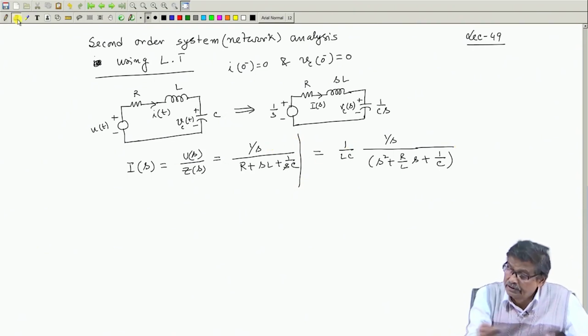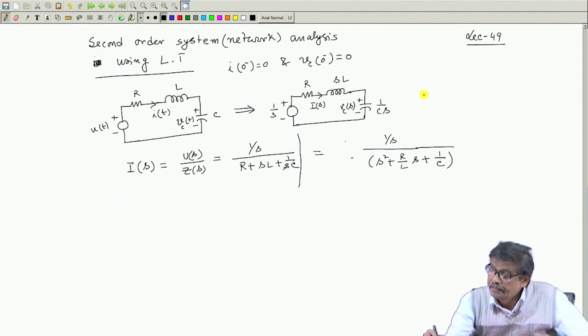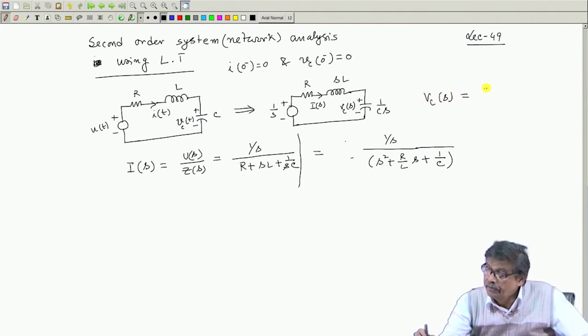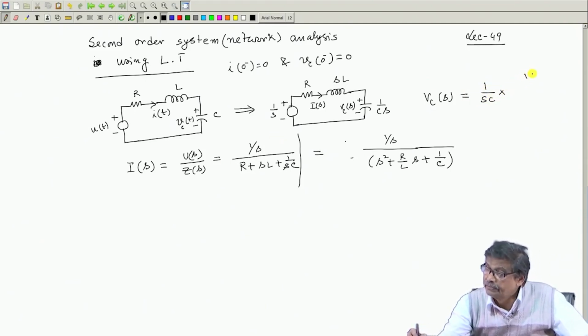Then, if you get VC(s), VC(s) will be 1 over sC into the current. So, the current is 1 over s divided by R plus sL plus 1 over sC.